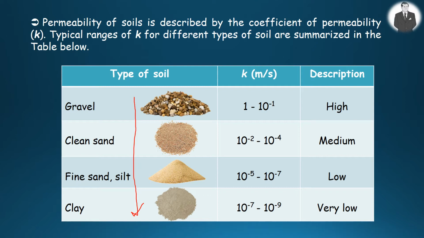As the gravels have the highest permeability of 10 to the minus first power, clay soils have the lowest permeability of 10 to the minus ninth power.